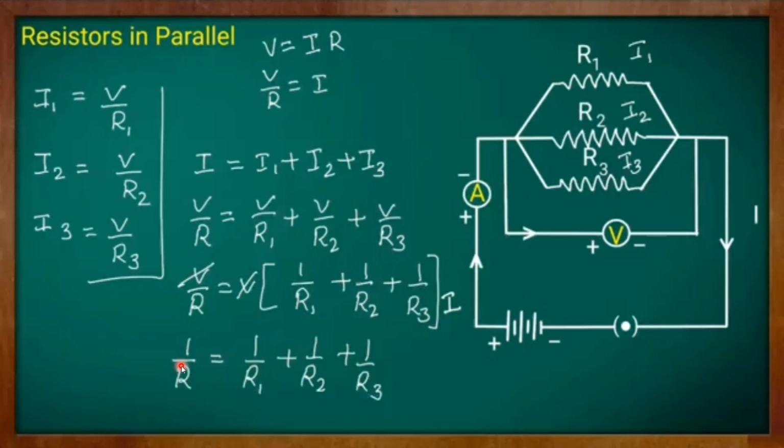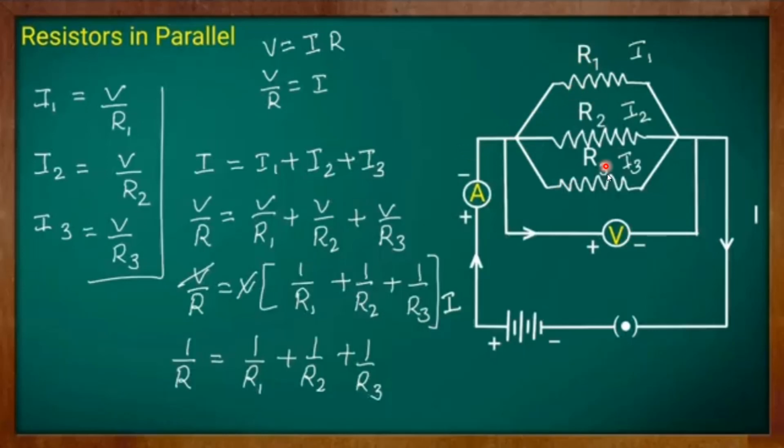Remember, the equivalent resistance is the reciprocal of the sum of the reciprocals of the resistances. You can observe one more thing: in parallel, the current passing through the resistors is not the same. It is divided because of the junction that is formed.